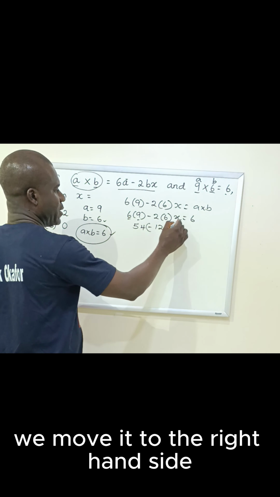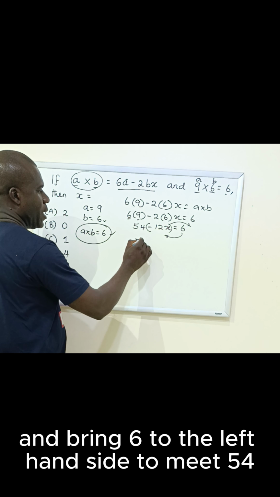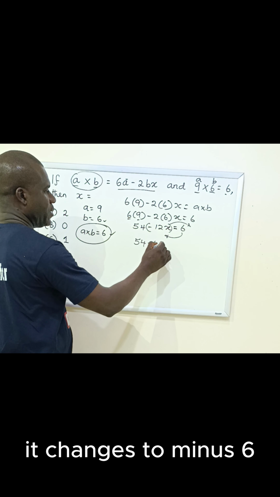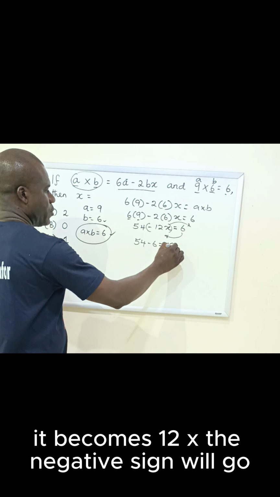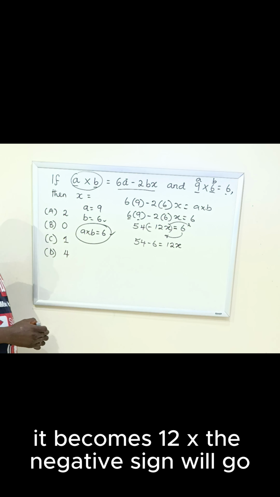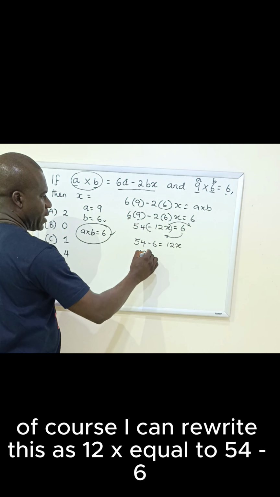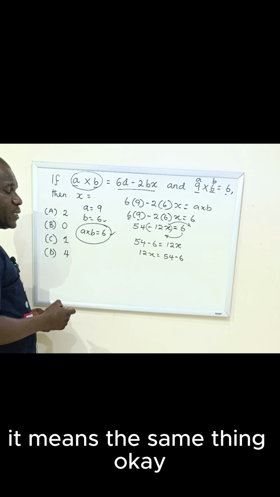We move it to the right hand side and bring 6 to the left hand side to meet 54. As 6 crosses this equal to sign, it changes to minus 6. As minus 12x crosses the equal to sign, it becomes 12x. The negative sign will go. Of course, I can rewrite this as 12x equal to 54 minus 6. It means the same thing, okay?